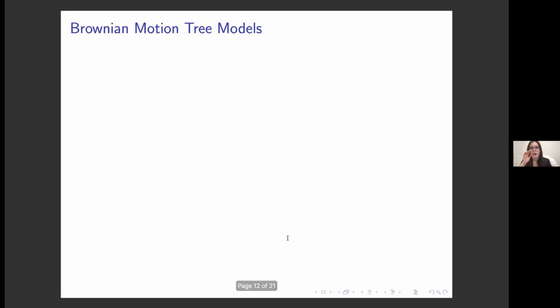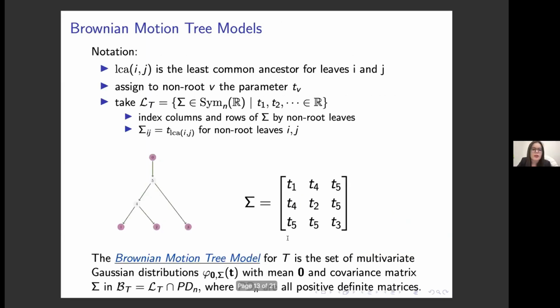Okay, so now we go to the next model: Brownian motion tree models. Here is some setup on how we get the model itself. First, we will describe a linear space of symmetric matrices associated to such a tree.